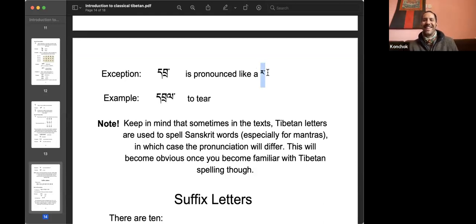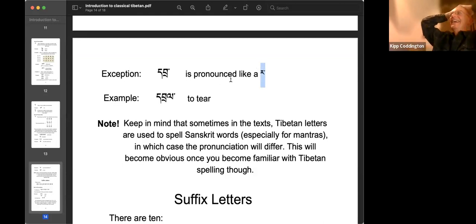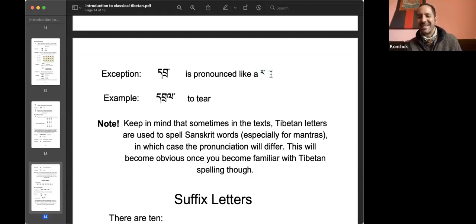That's because when I was typing, in order to make this big, I have to increase the size so much. If I don't increase the size, this is what happens. Somehow the Tibetan shrinks compared to the Latin letters.